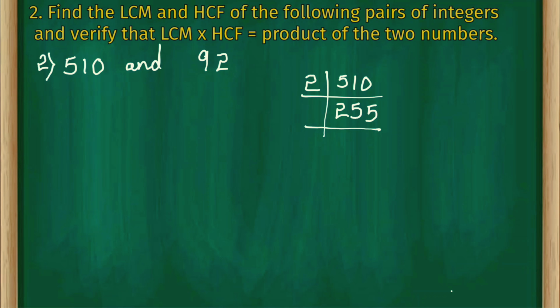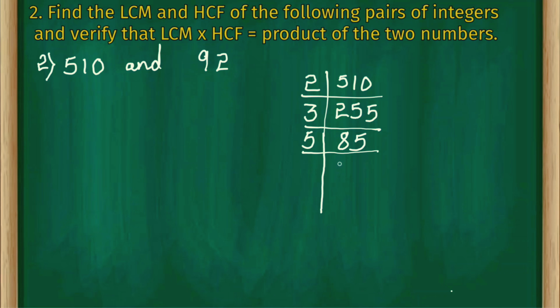Here we are using only prime numbers because we are doing prime factorization. So 255 can be divided by 3. It cannot be divided by 2, so we are dividing it by 3. After dividing 255 by 3, we get 85. And now 85 can be divided by the prime number 5.